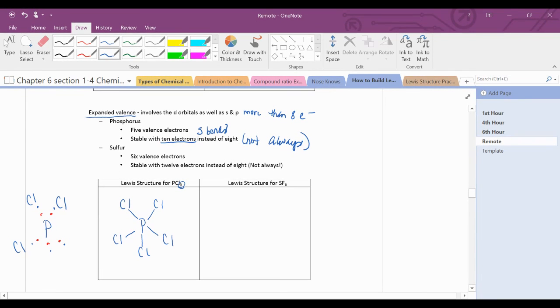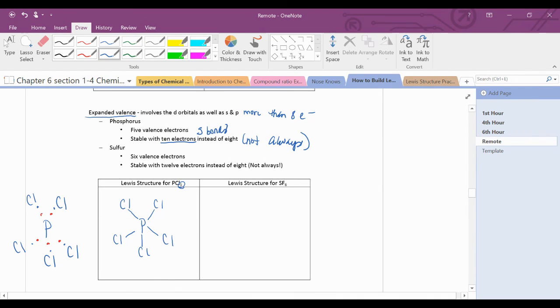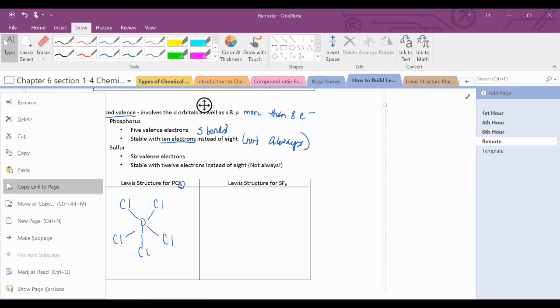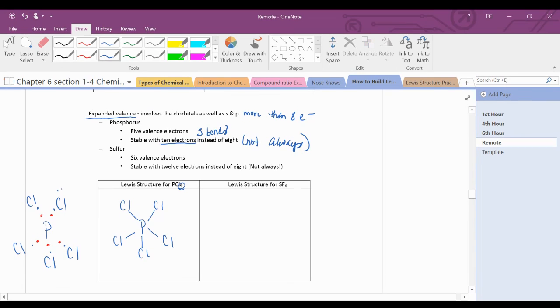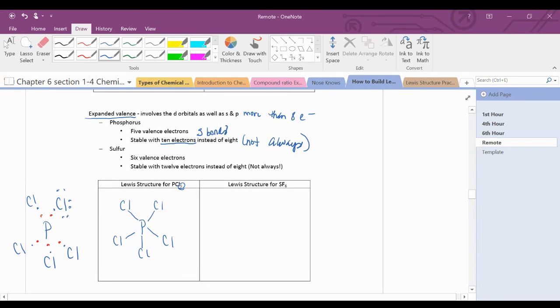Now, phosphorus has 5 valence electrons, and we can see from my dot picture that all 5 are involved in bonding. Chlorine has 7 valence electrons, and 1's in the bond, so that means the other 6 all have to be represented as lone pairs.